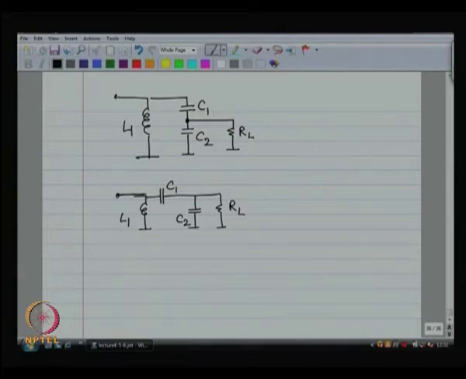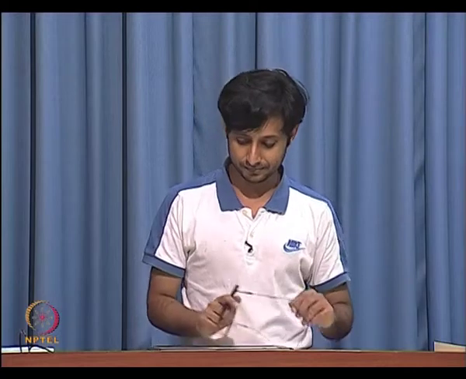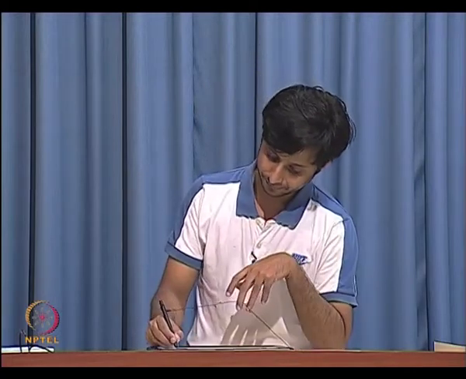And similarly, there is a tapped inductor match which looks like this. And which one is preferable? What do you think is preferable? Yeah, most probably the tapped capacitor is going to be preferable because it lumps into it the load parasitic capacitance. You are right.